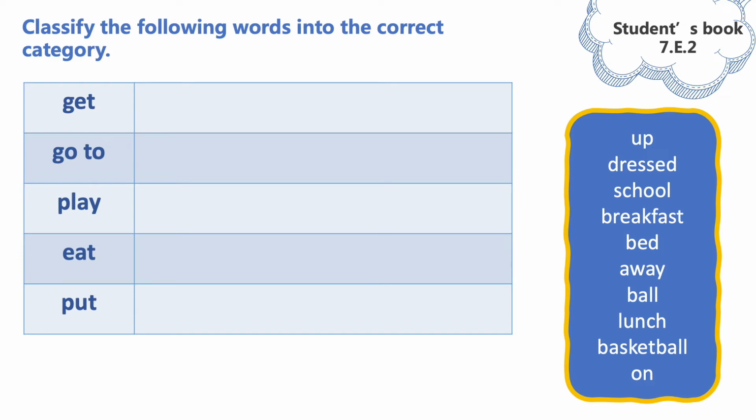Okay, let's start. The first word is up. Where does up belong? Get up, go to, play up, eat up, put up. Okay? So up belongs to get. Get up. We can say get up, and we can use it from the other category.